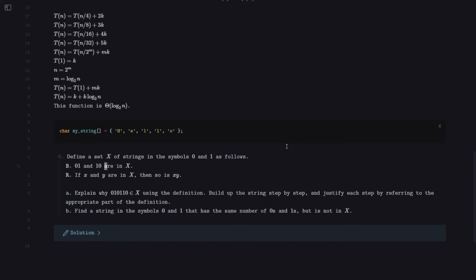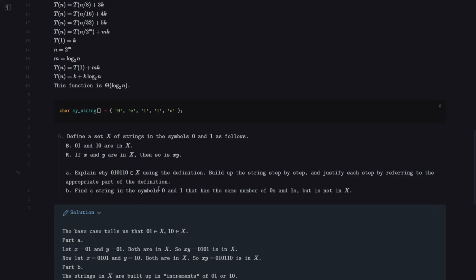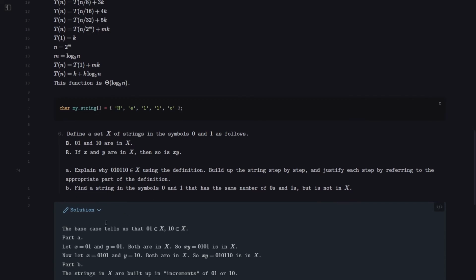Part A of the question says, explain why 0 1 0 1 1 0 is in X using the definition. This was our definition, and we're going to use it to explain why this string is in the set. Build up the string step by step and justify each step by referring to the appropriate part of the definition.